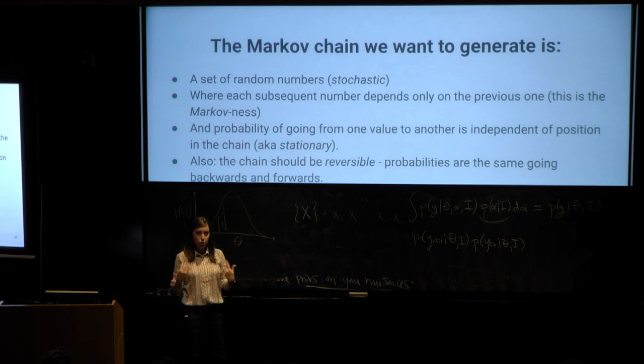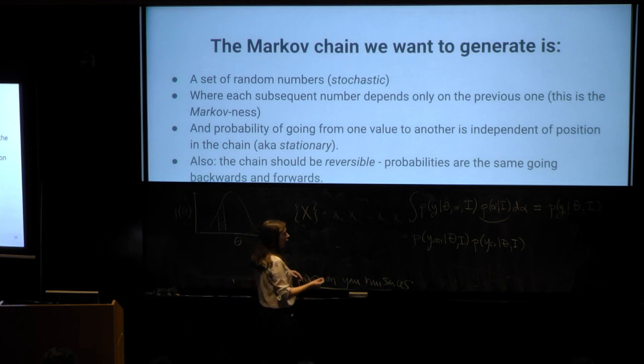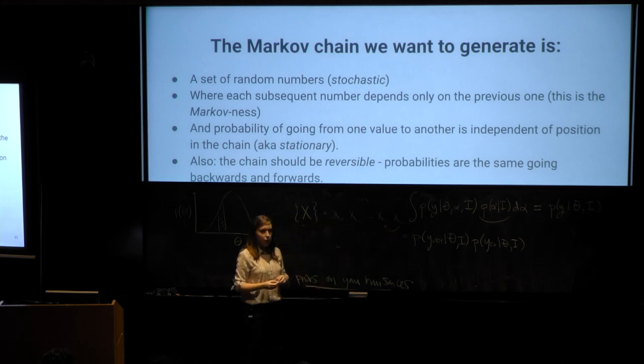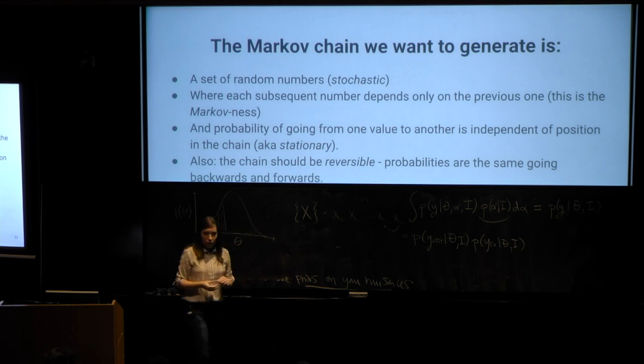It just has some randomness in it. What can make it a Markov chain is when x of n plus 1 depends on the value of x of n, but it doesn't depend on anything else prior to that.